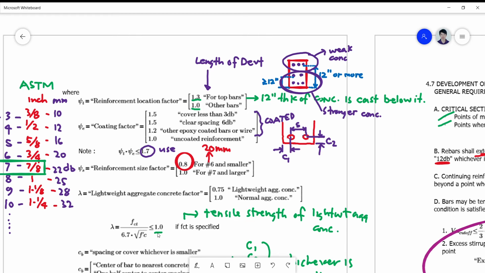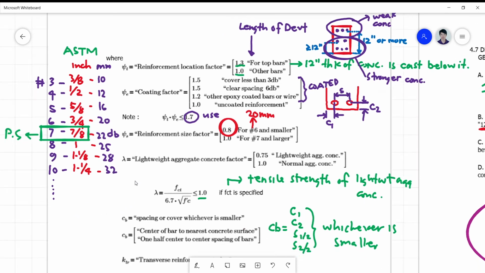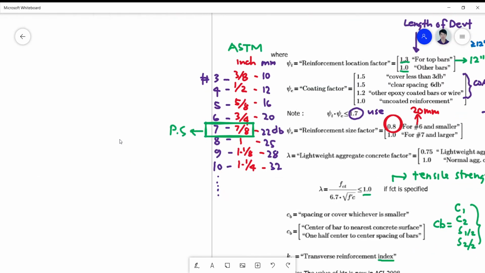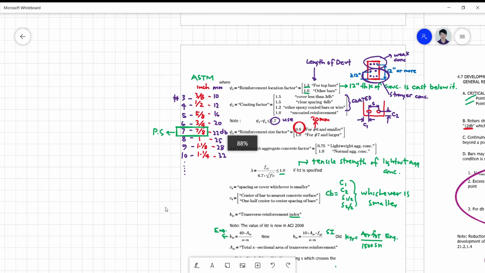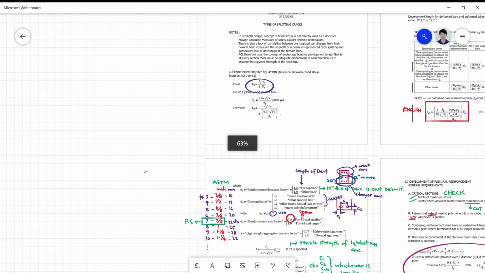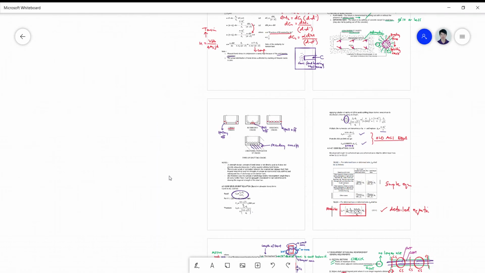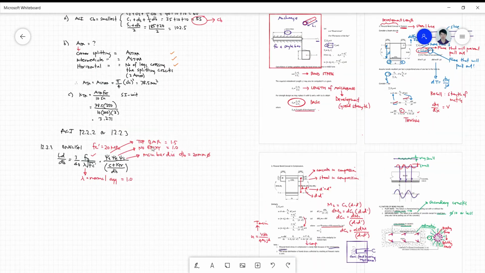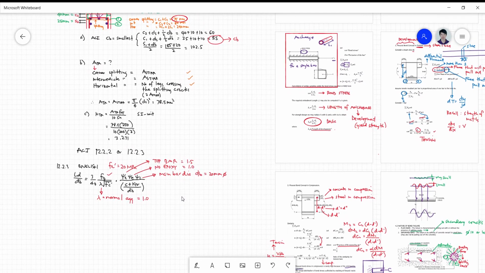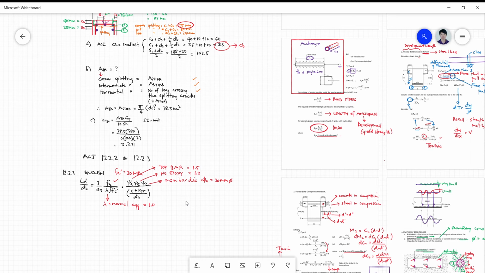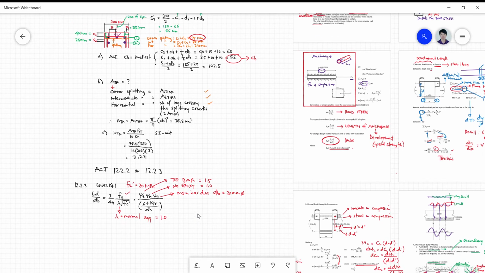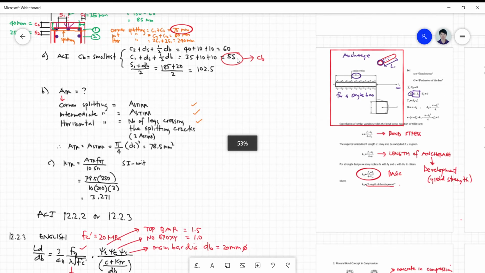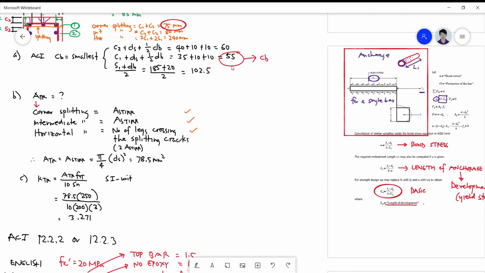In case the FCT is given, you have to compute for it. Okay, CB, we computed that a while ago, no? What did we get? So, let's take a look at what is CB. Okay, where is your CB? Okay, that's smallest. CB is 55. There's the value we computed a while ago.